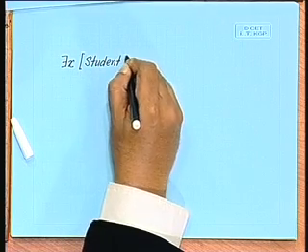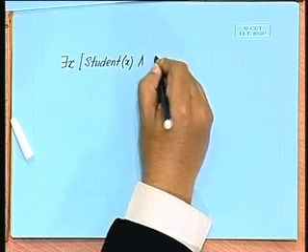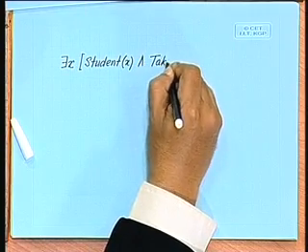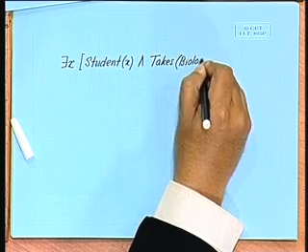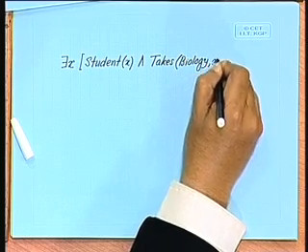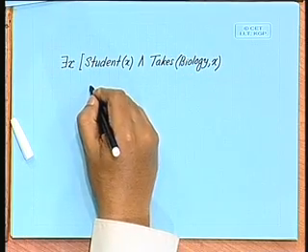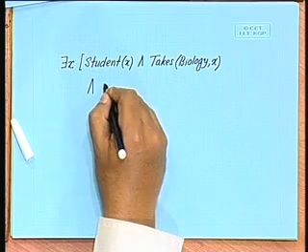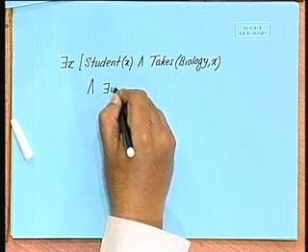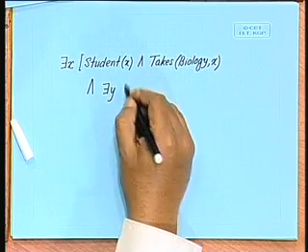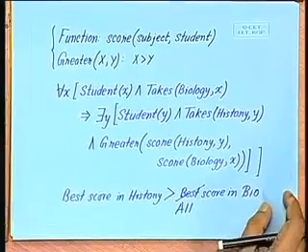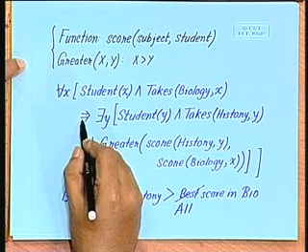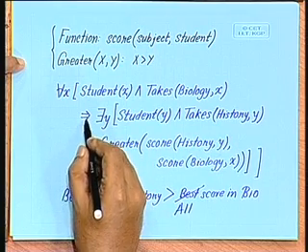Student X and takes biology X, and there exists Y. Instead of this implication you have and, there exists Y, the rest is similar. So, let me get it right. What you want here is that instead of this implication you want and, right.